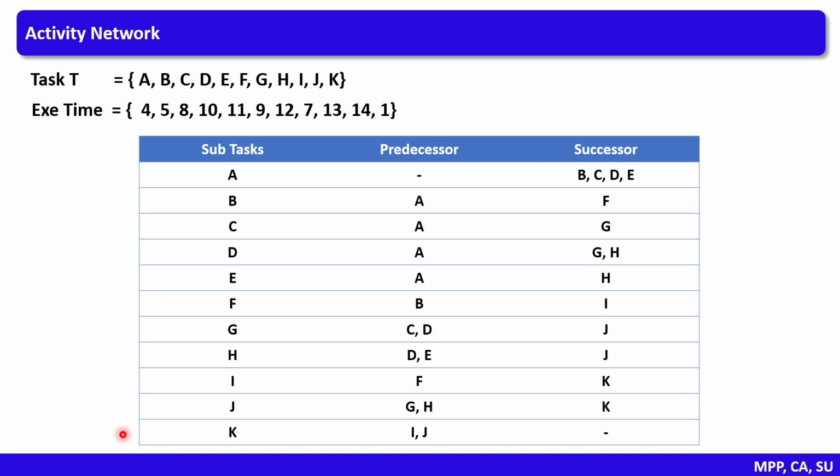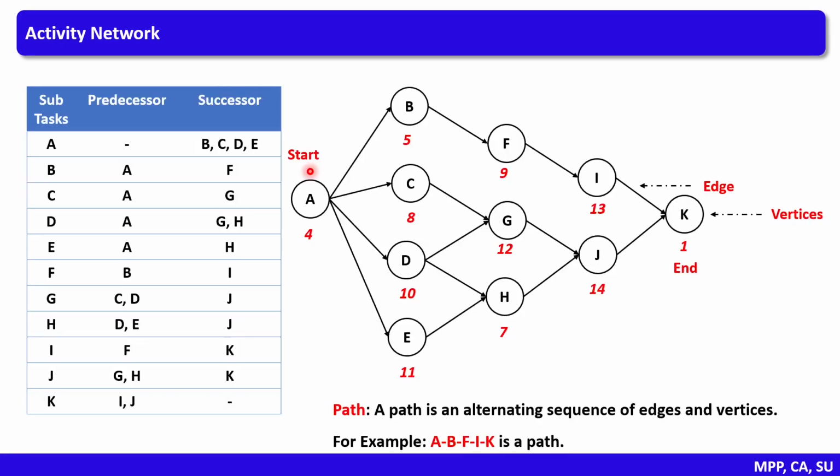From this tabular representation, we can make out that A here is the starting task and K here is the terminating task.